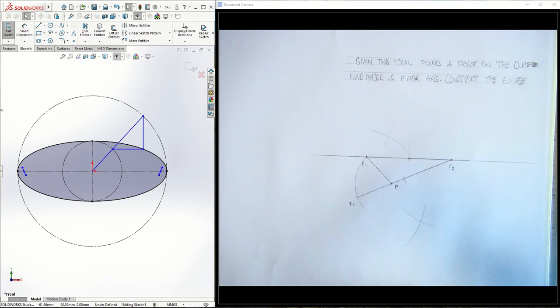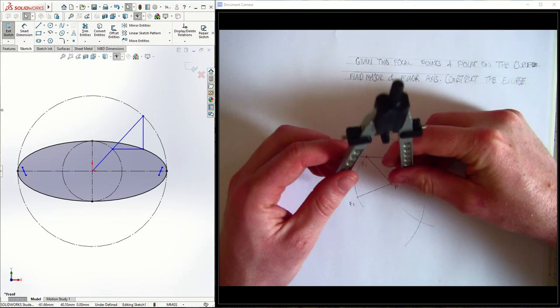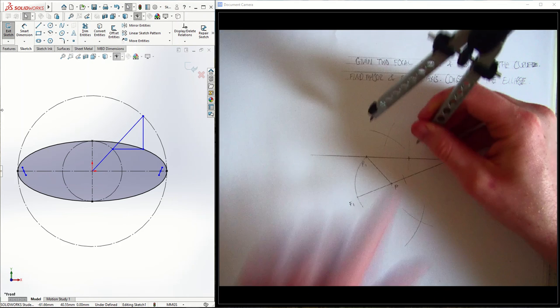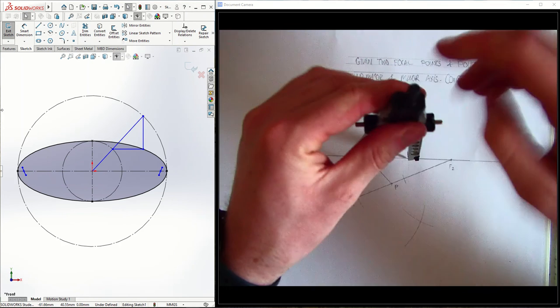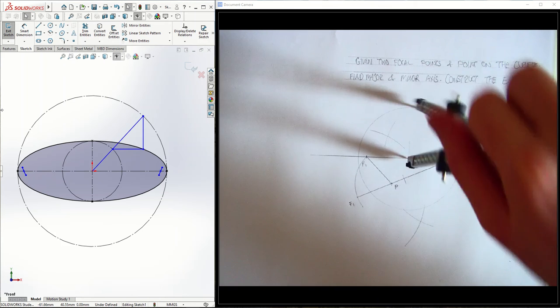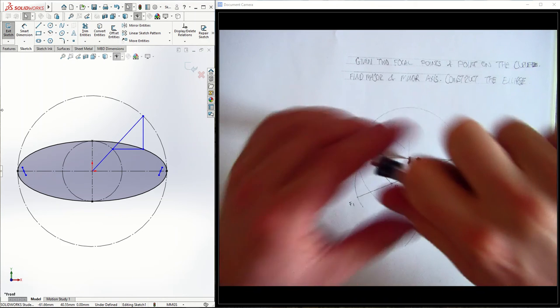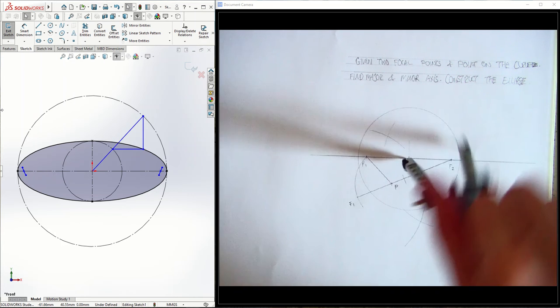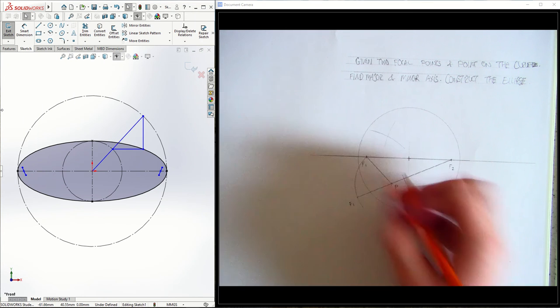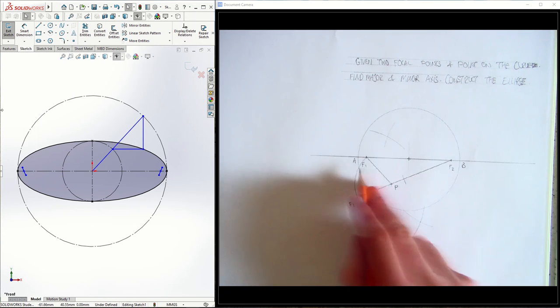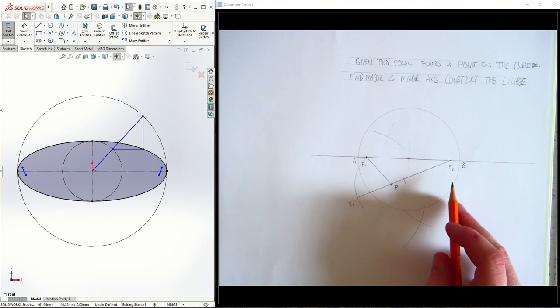That gets me the center point. That distance there is half my major axis. I know this is my center point, so I can bring it up here and draw in my major circle. Like that. This point A and point B give me the length of my major axis.